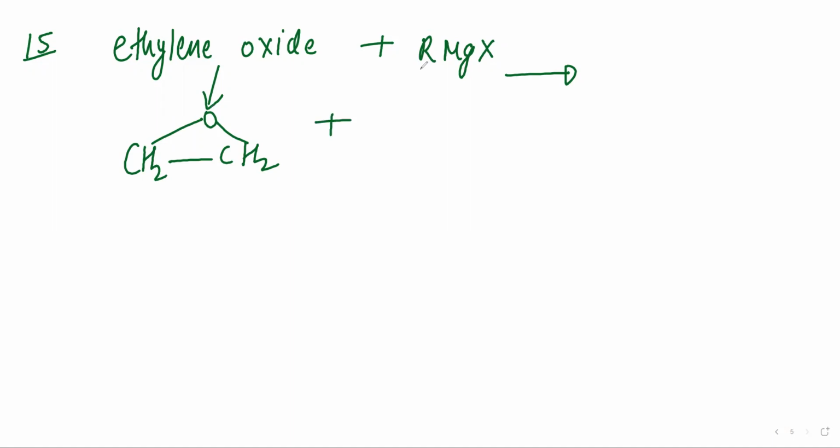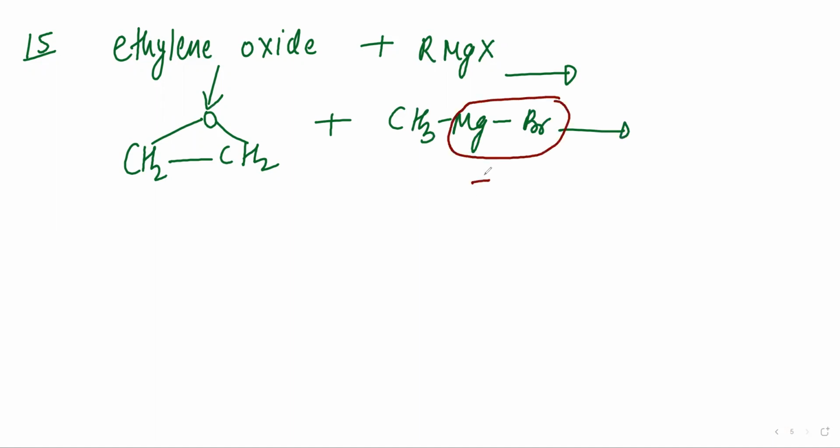React it with Grignard reagent. Suppose instead of R I take CH3, with MgBr. This part becomes plus and this becomes minus.